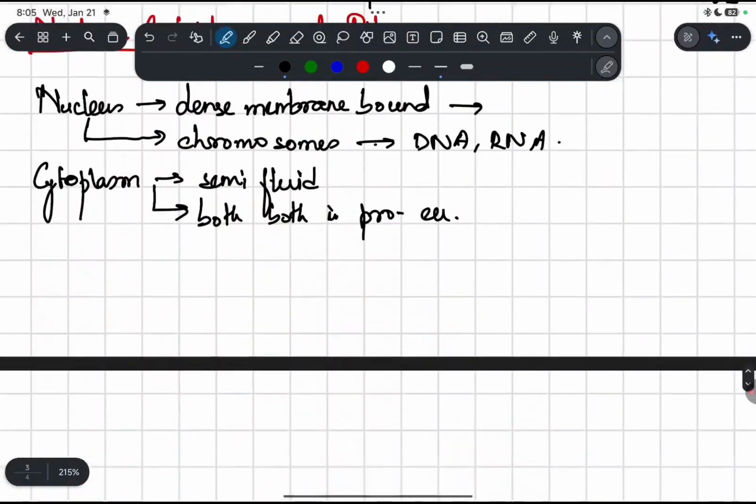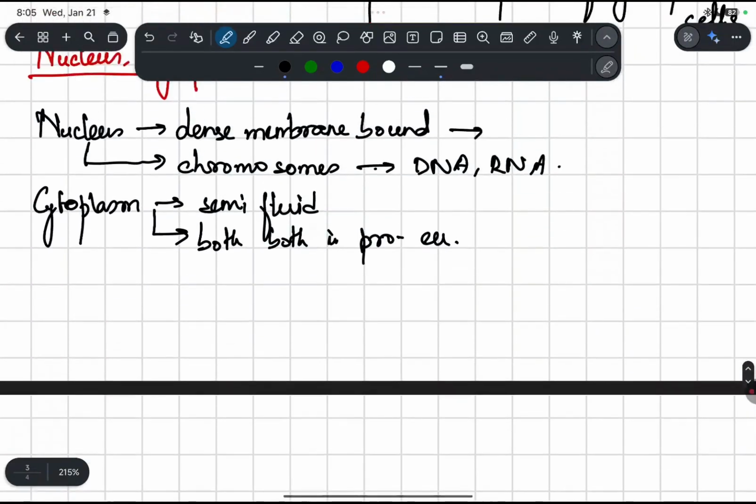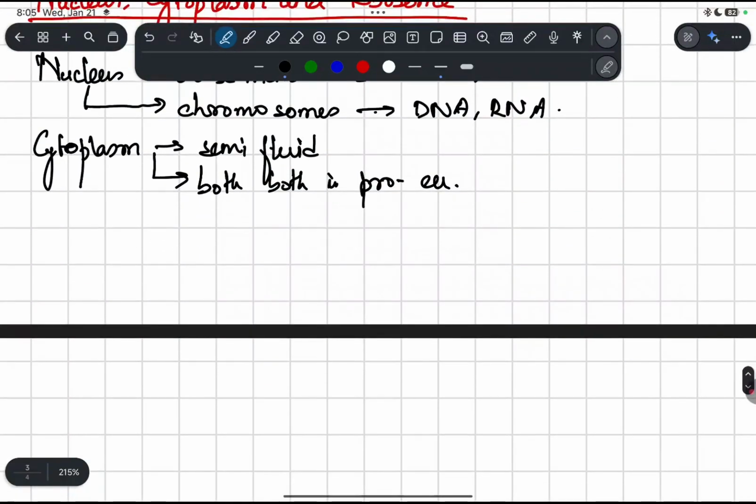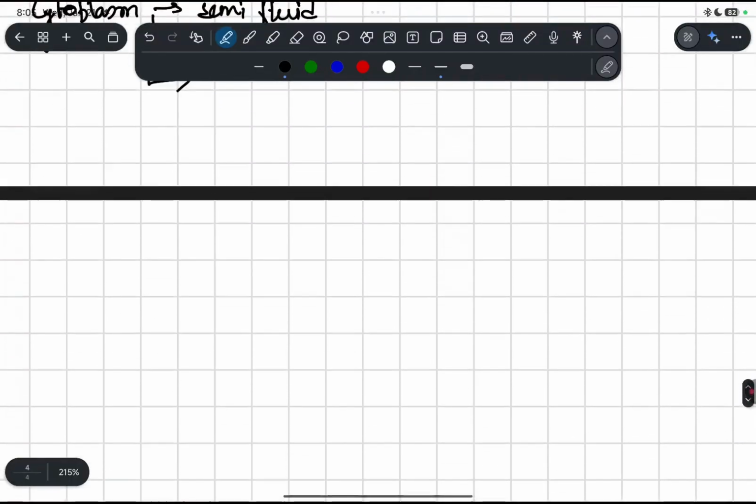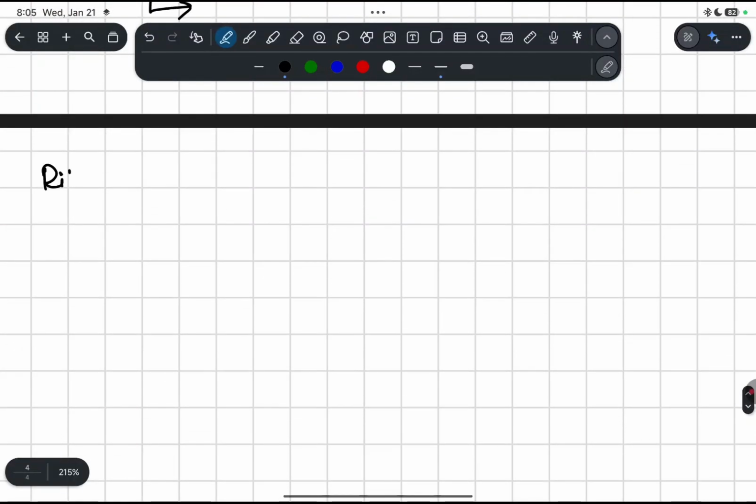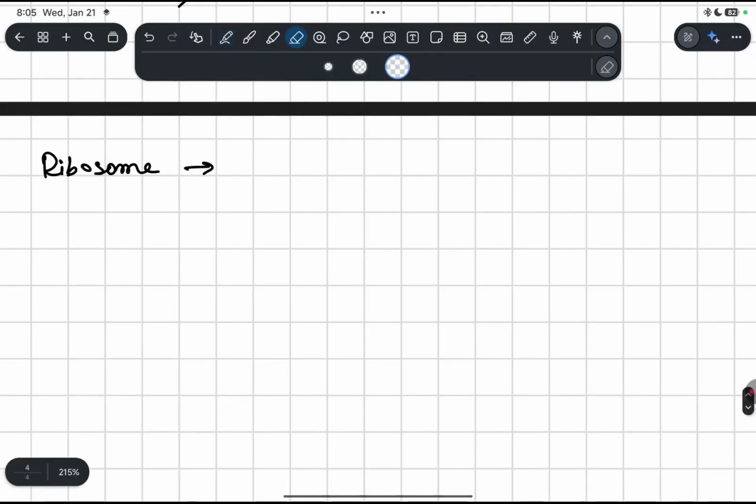So of course both prokaryotic and eukaryotic cells will have cytoplasm. The main function is chemical reaction. Every activity happens in that fluid matrix only, inside the cytoplasm, right? Now let's come to ribosome. As I said, it is a non-membrane bound structure present both in prokaryotes and eukaryotes.